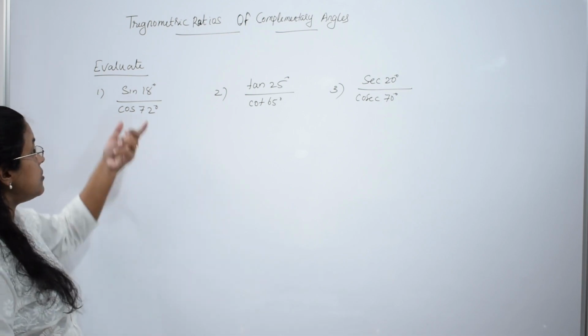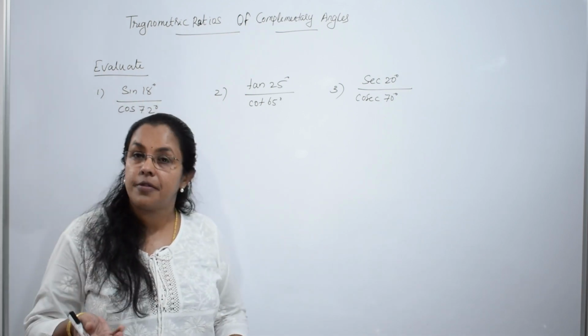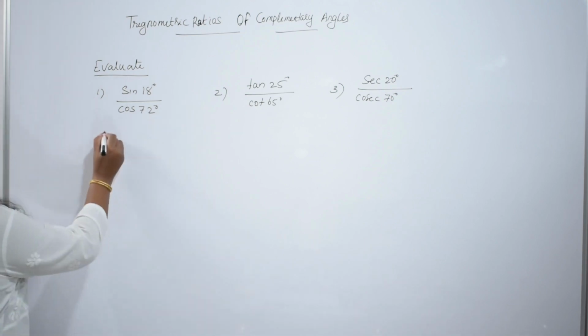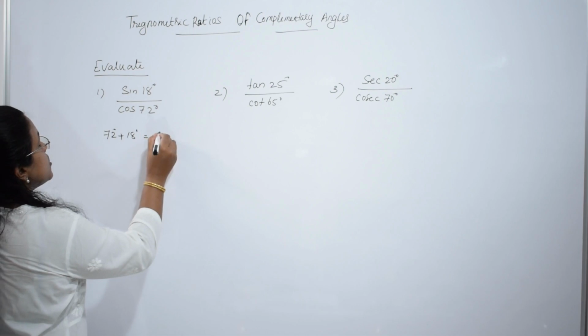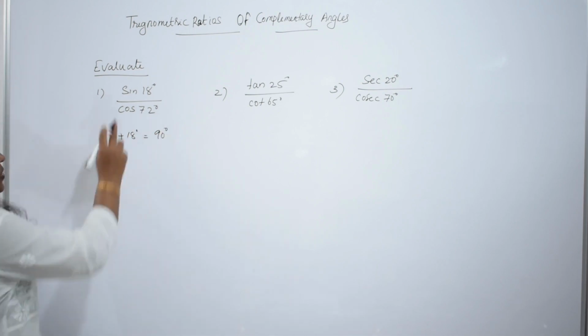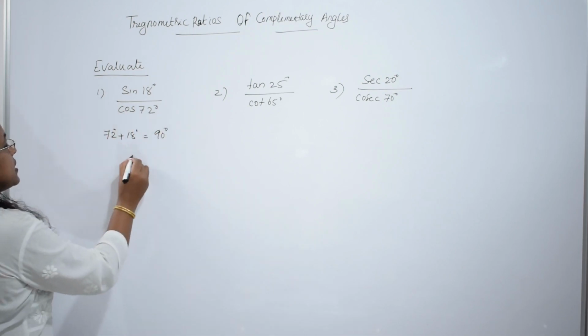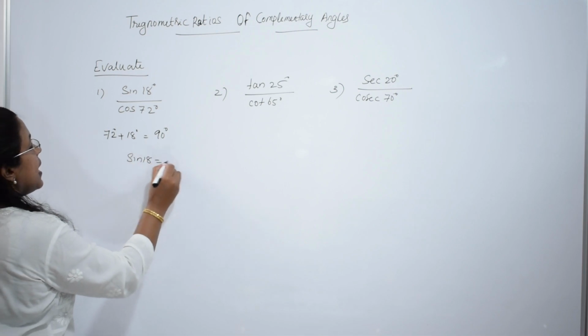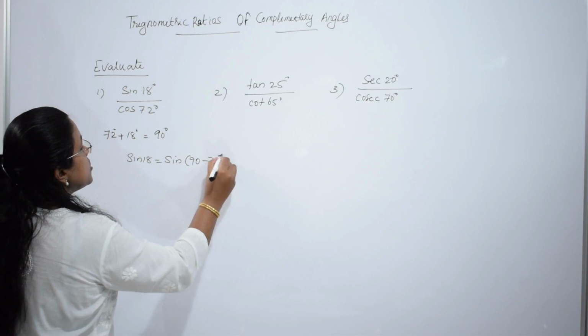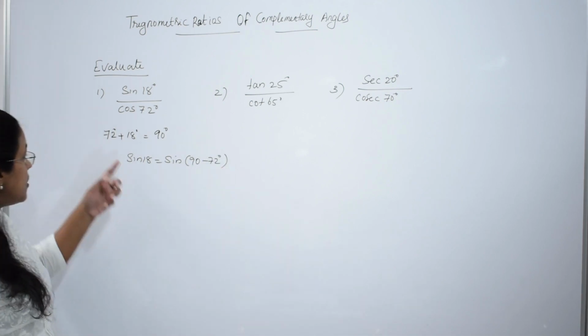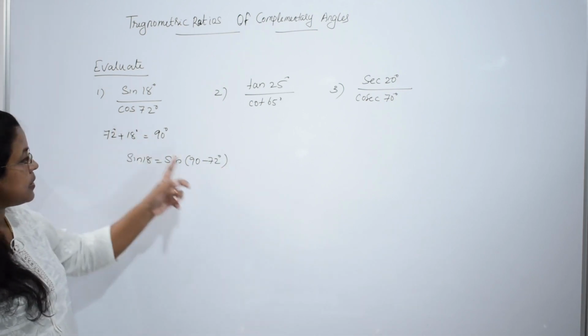We can write one in terms of another. We know 72 plus 18 is equal to 90 degrees. So we can write sin 18° as sin(90° − 72°). Is it possible? Yes. Why? 18 is equal to 90 minus 72.